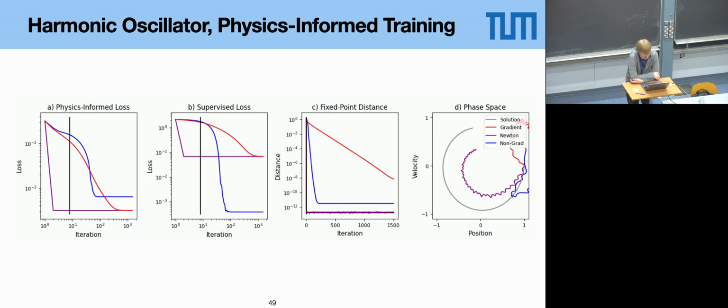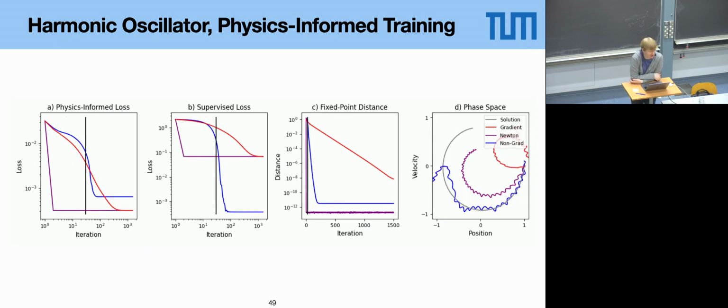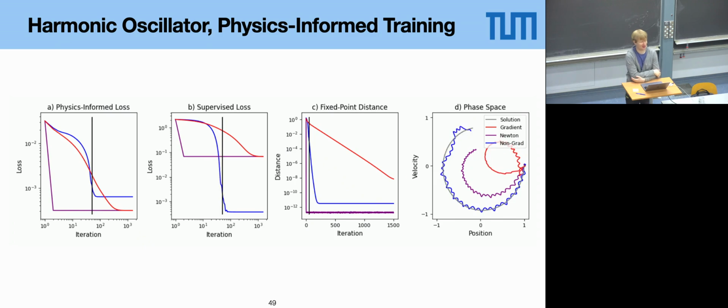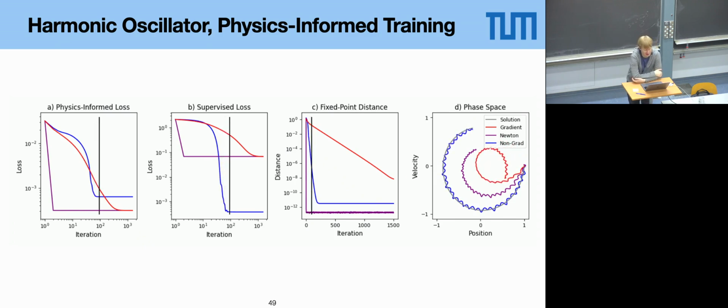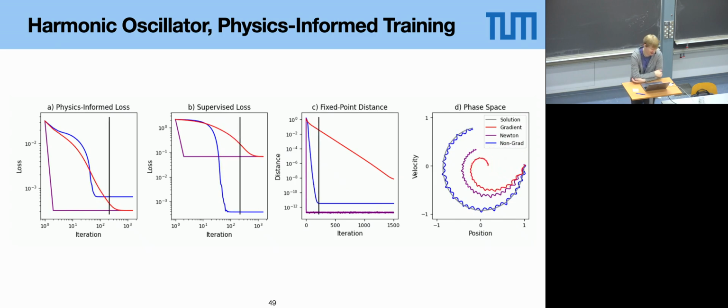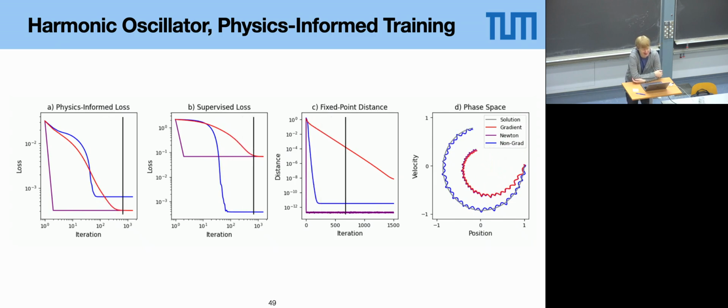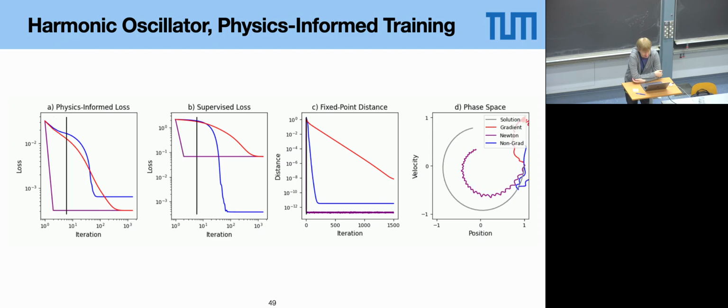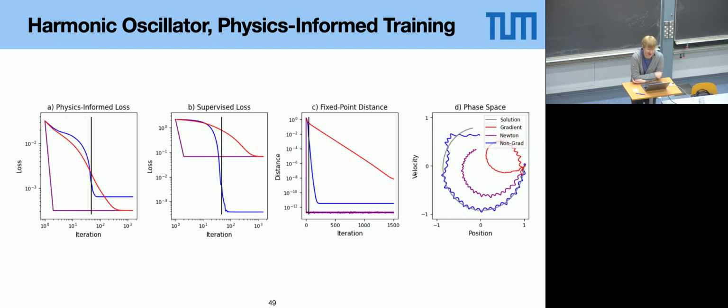So this is a summary again: how to understand the differences between these two types of methods. In terms of convergence, this is a case where the non-gradient method obviously converges. You can see it. The second thing is that the fixed points are different. You can see this in the right plot, where they approach two different solutions. And the last thing is the convergence rate.